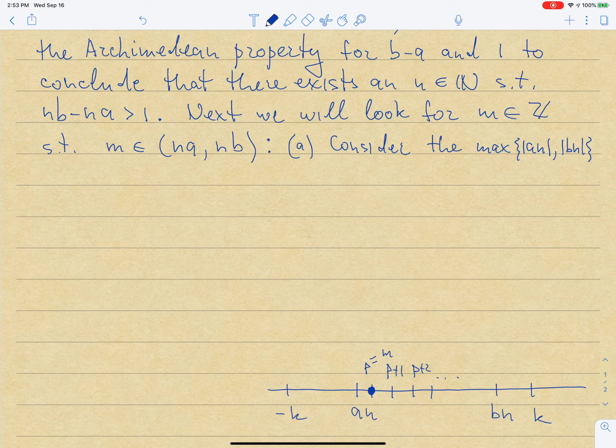So an and bn we already found. So an and bn are at this point known numbers, maybe positive, maybe negative. I take their absolute values and I take a maximum of these two absolute values. And so I'm going to consider that and 1. And I'm going to apply the Archimedean property to these two numbers.